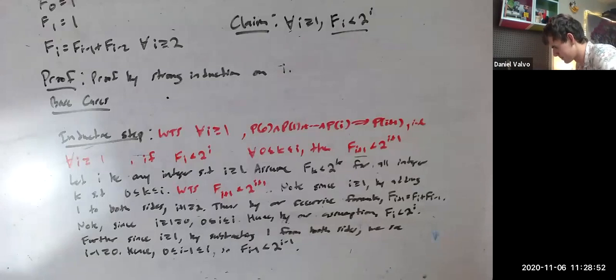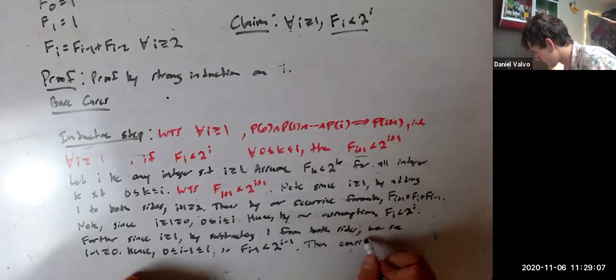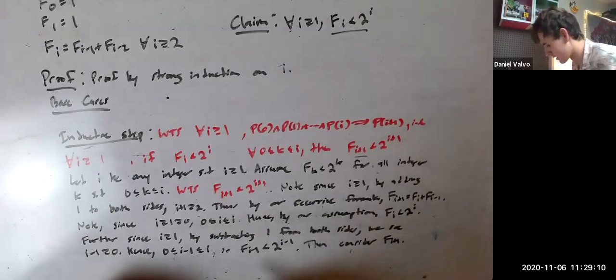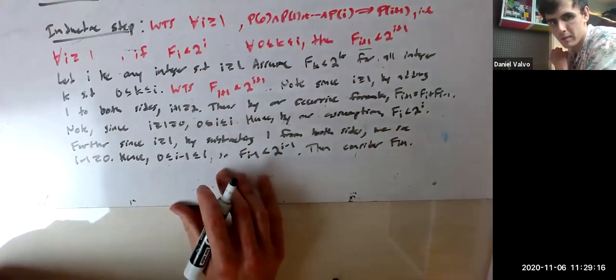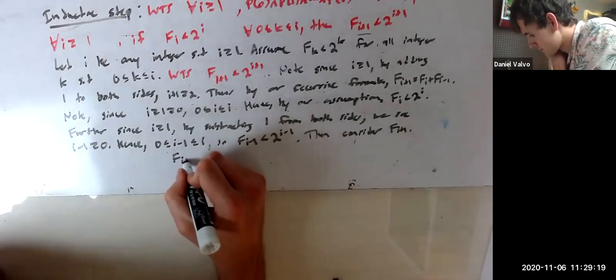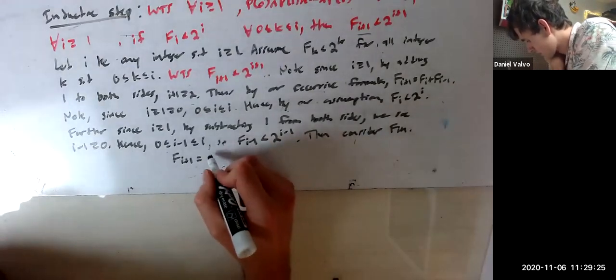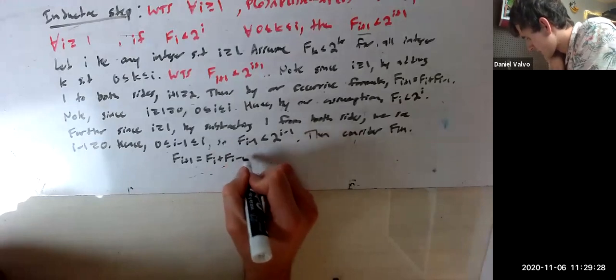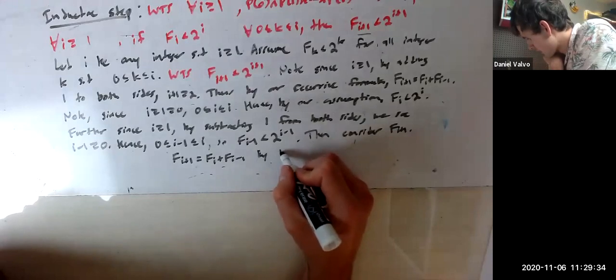So I'll say then, consider f of i plus 1. Now here's the part. f of i plus 1 equals f of i plus f of i minus 1, by formula.